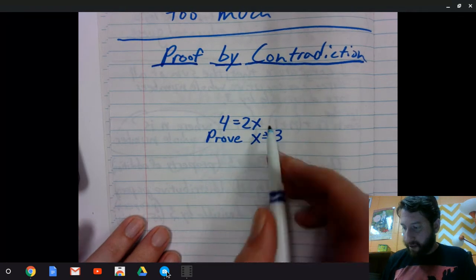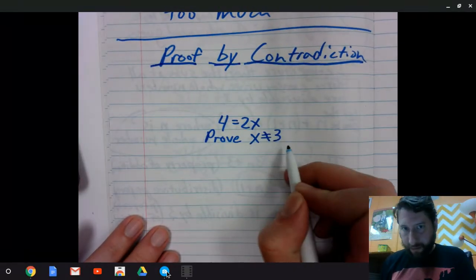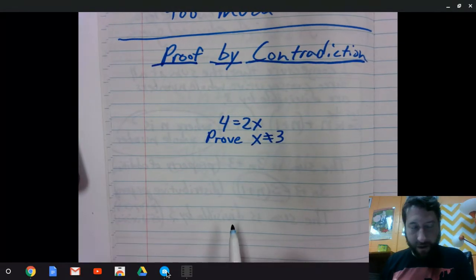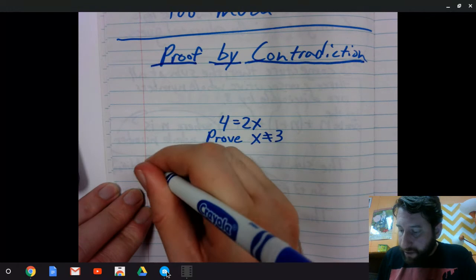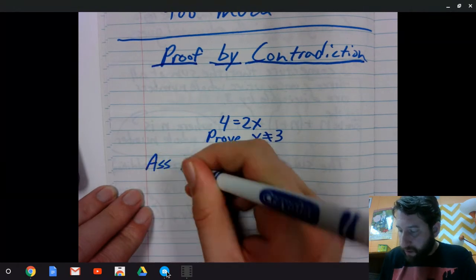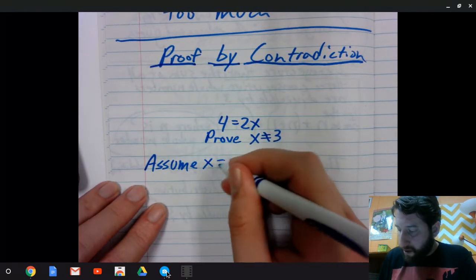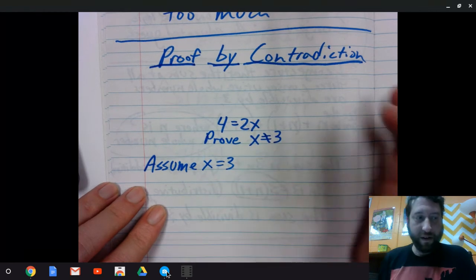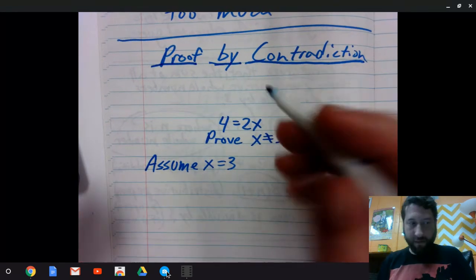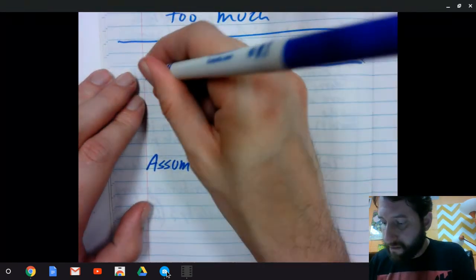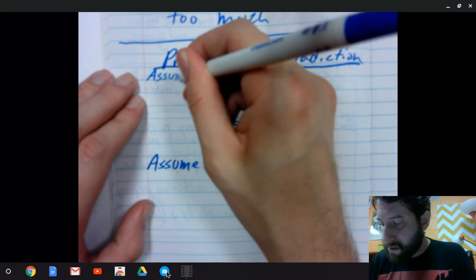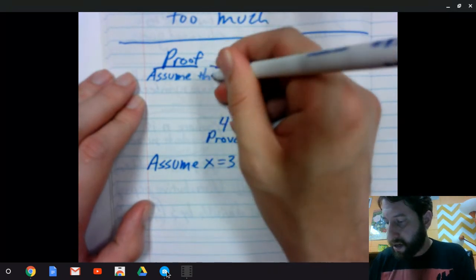So 4 equals 2x. I want to prove that x does not equal 3, and I'm going to use proof by contradiction. So I'm going to assume the opposite. Always start with that. So assume x equals 3. And for the definition, I'm going to put that also up here. So assume the negation.